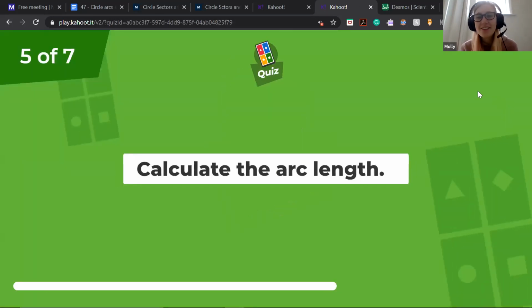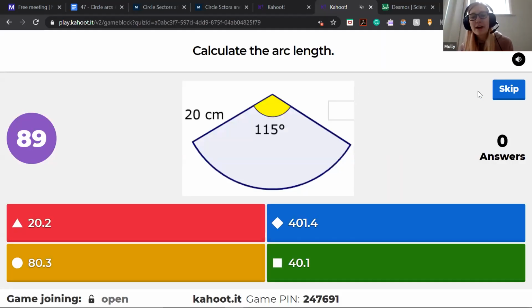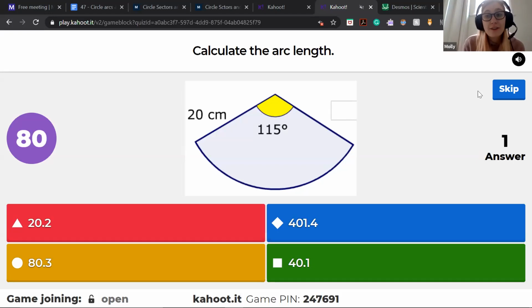Right, on to the content of today. What's the arc length here? So remember that formula that we used. What you're going to have to multiply your circumference by. And make sure you work out the circumference correctly, because we've got the radius there. So what are you going to need to do to that?